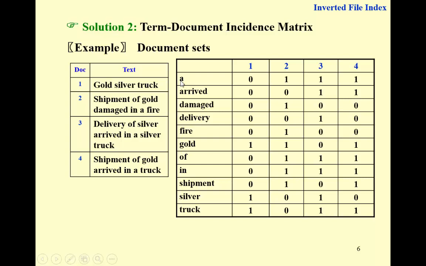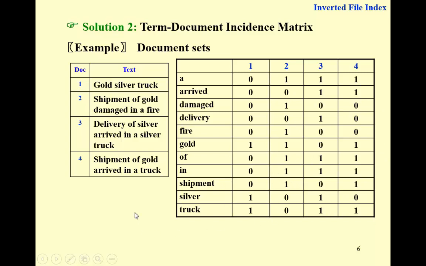If this term is contained in this document, then the corresponding element will be 1, otherwise it's 0. So for example, if we are looking for the word "fire", we check this row and realize that this is the only place that we have a 1, which means document 2 is the only document that contains "fire". So is it true? Let's check. We don't have "fire" here, and okay, "fire" is here in the second document and not in any other documents. So here we have this matrix.